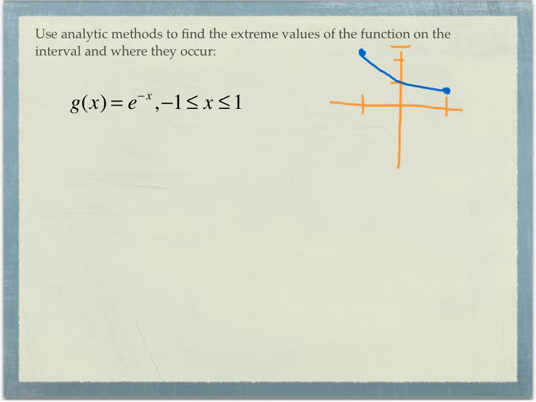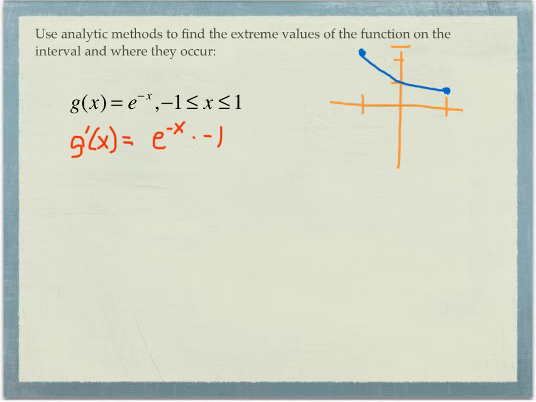Let's see if we could sort of verify this algebraically, though. So again, we're looking for the derivative of this. And remember, the derivative of anything with e is the same thing, but then we have to multiply it by the derivative of the exponent. That's going to be -1.